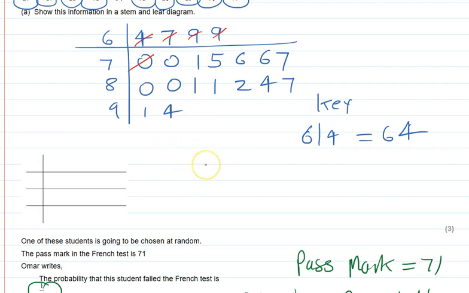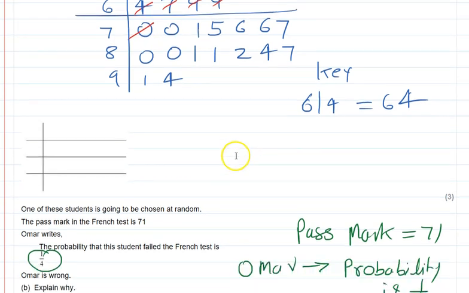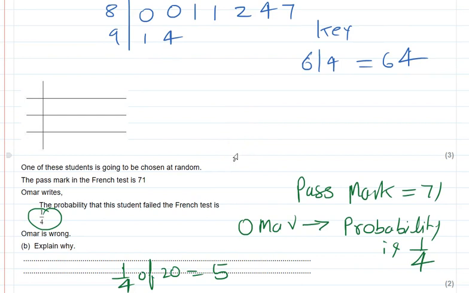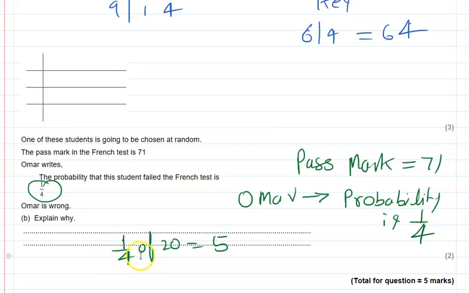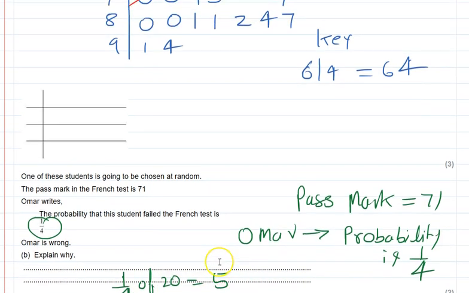So Omar says the probability that the student failed the test is 1 by 4. We need to check whether Omar is wrong or right here. 1 by 4 of 20 is 5. So as per this data, 5 students are failing.